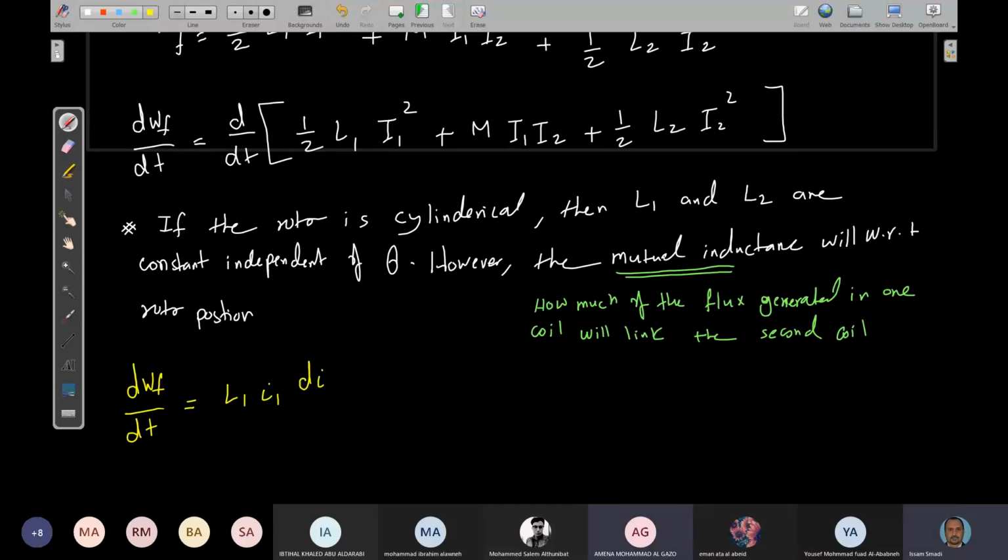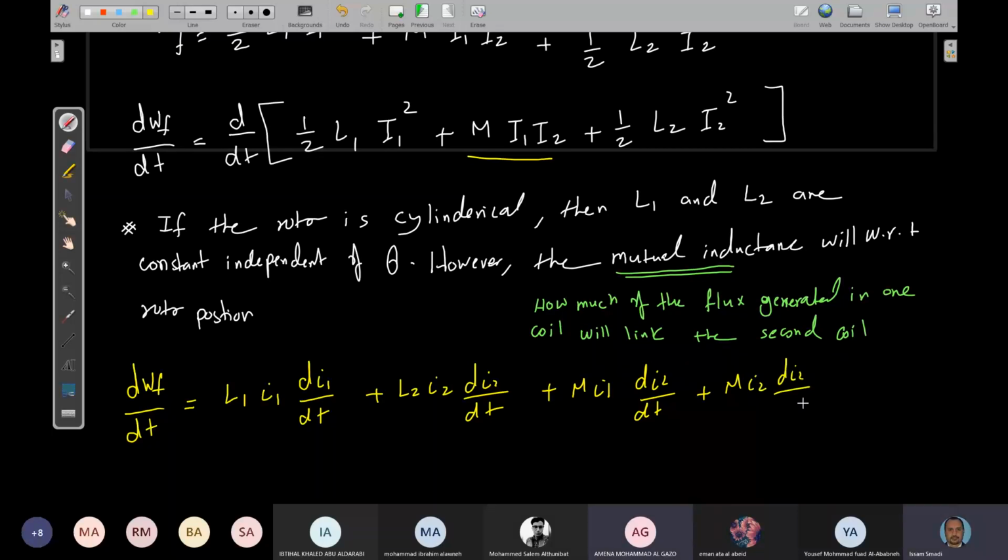L1 I1 dI1 by dt plus L2 I2 dI2 by dt plus, what about this one? M I1 dI2 by dt, plus M I2 dI1 by dt, plus I1 I2 dM by dt.